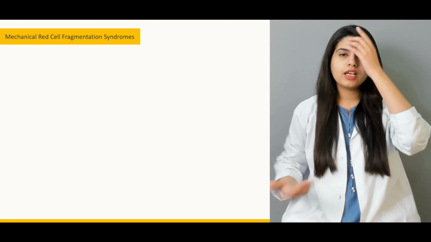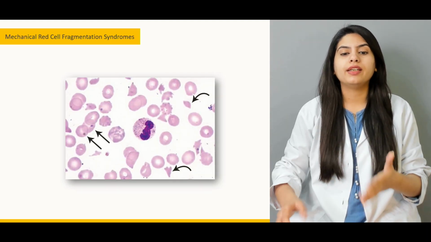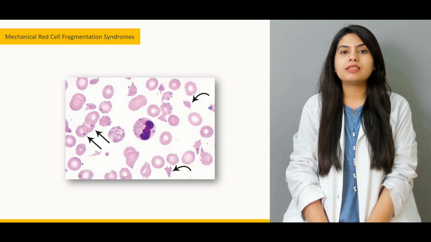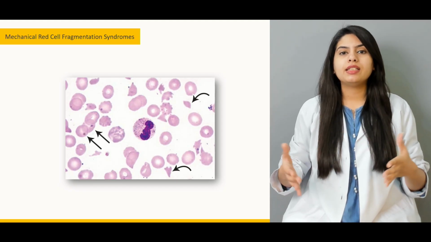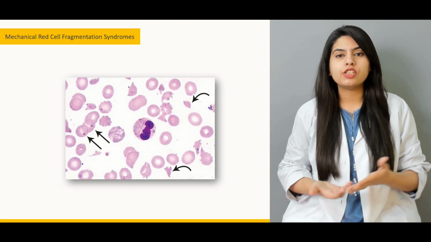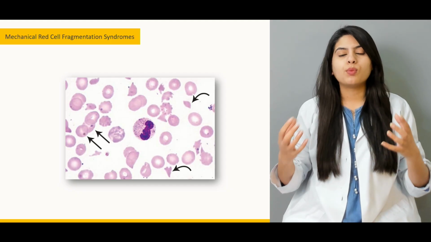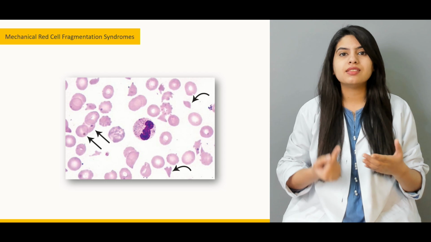Now what kind of mechanical distress are we going to talk about here? Basically, the red blood cells are intrinsically normal, but there is some mechanical stress during their circulation in the blood vessels. Maybe there is any thrombosis, or maybe the surface of the vessel is rough.